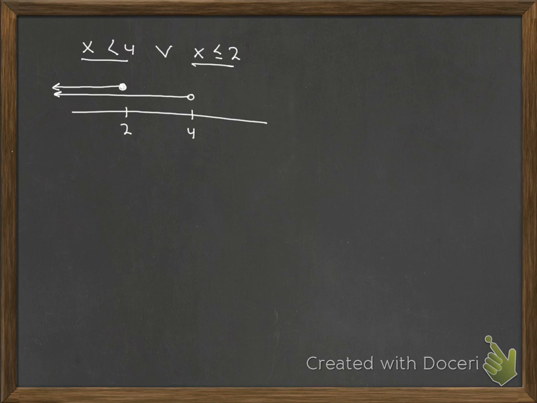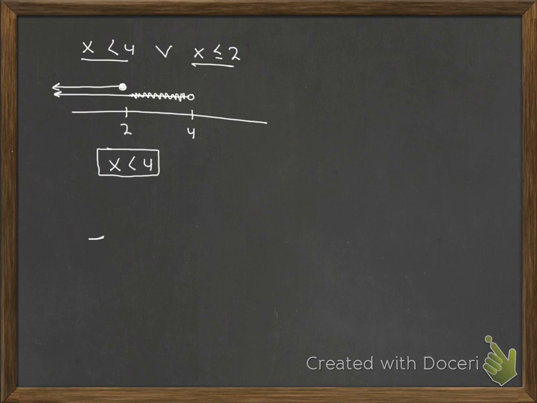Okay? Well, because X is less than 4 covers more of the number line, that would be the solution to our disjunction. Okay? Because we're looking for the union of what's being covered. Well, X is less than 4 covers this part of the graph that X is less than or equal to 2 does not cover.